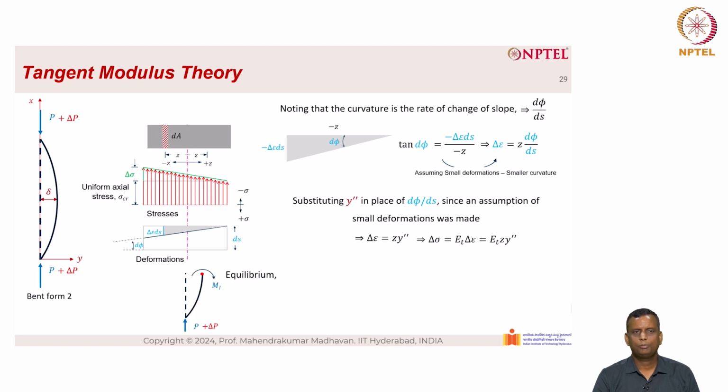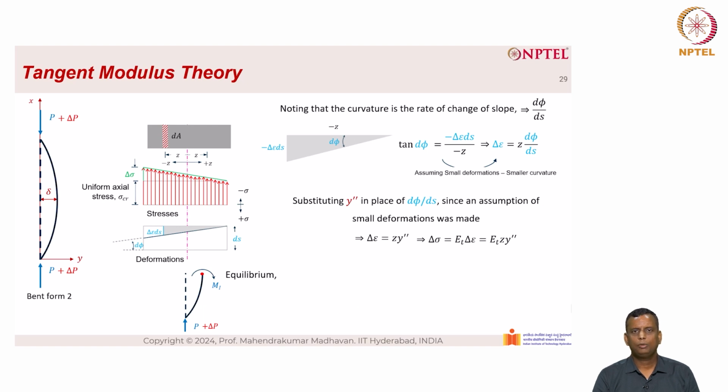So we take the equilibrium here. We have the internal forces that are acting. We have integral over A of minus delta sigma dA, which is the force. The lever arm is minus z, and the external force P plus delta P acts through y.